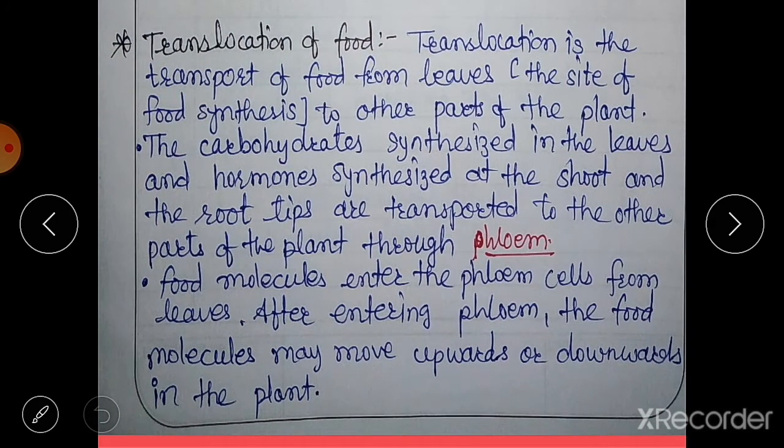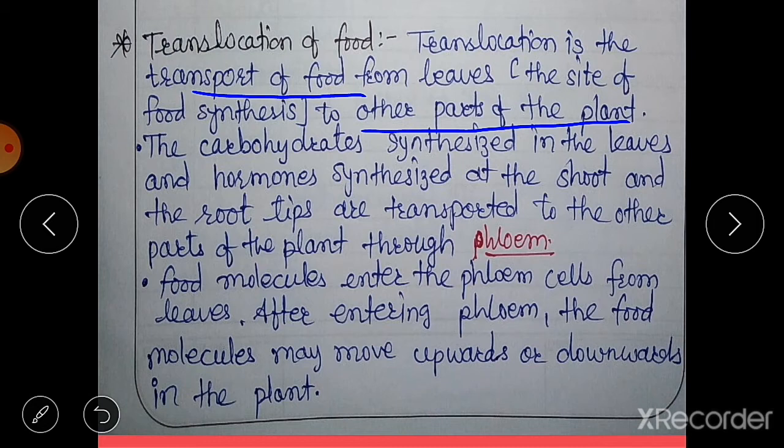Then translocation of food. Translocation means transport of food from the leaves, the site of food synthesis, that is photosynthesis. Here the food is prepared, and then this food is transported to the other parts of the plant. This is known as translocation of food.